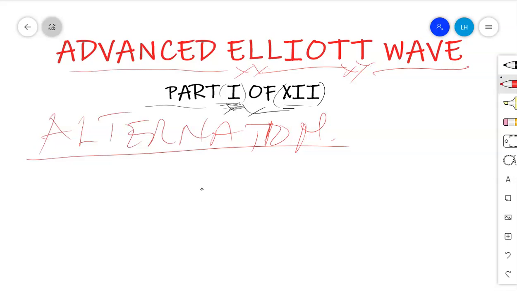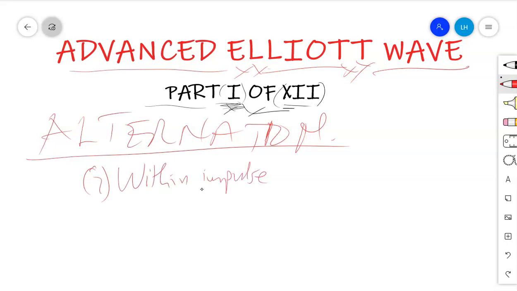On the idea of the guideline of alternation, we will find that it has been divided into two major parts. The first part will cover alternation within an impulse.